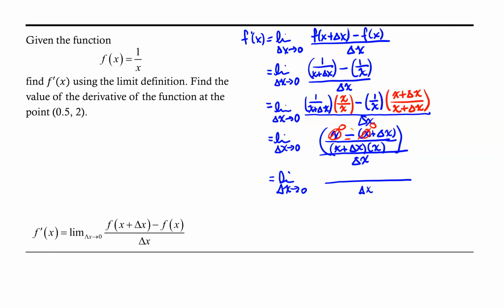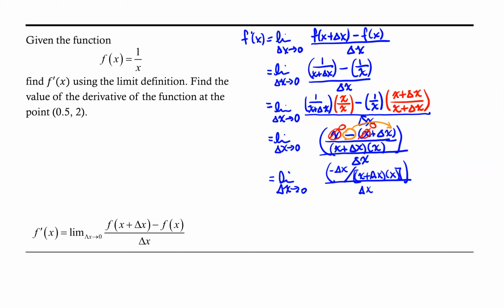And notice I have this negative that needs to be applied to the delta x. So we will have negative delta x in our numerator over the quantity x plus delta x times x. And all of that is in our denominator.